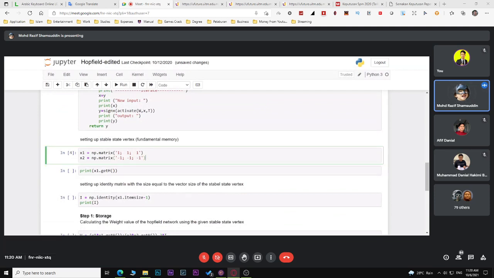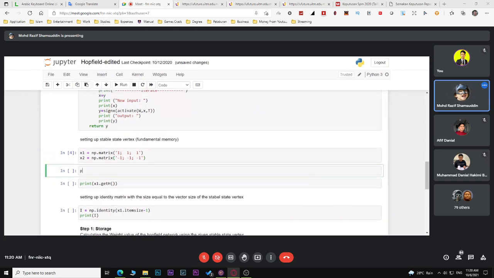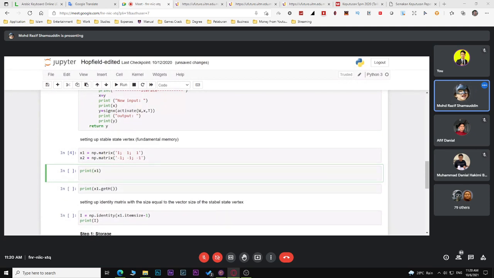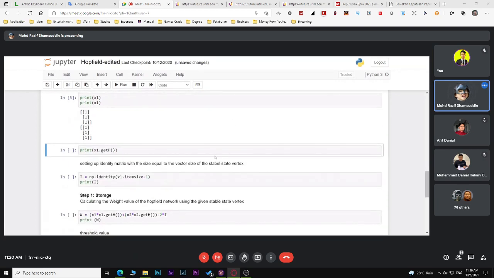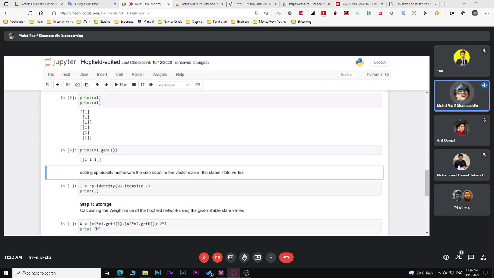Okay, kalau saya print kat bawah ni, print x1, print x2, nampak tak? Kan matrix dia. Okay. Lepas tu dia punya transpose value adalah ini.